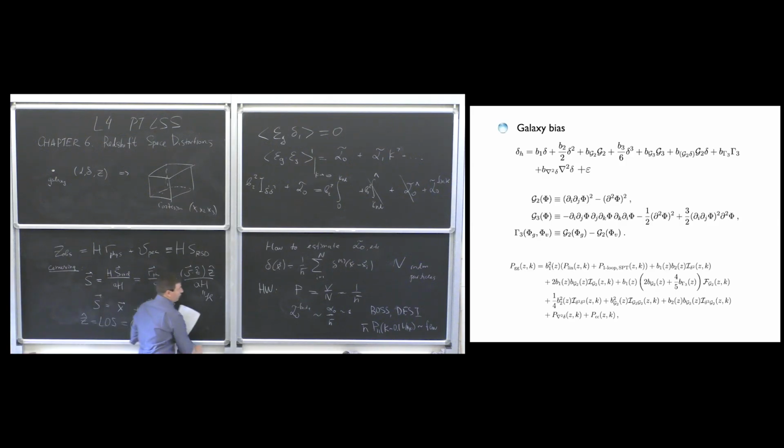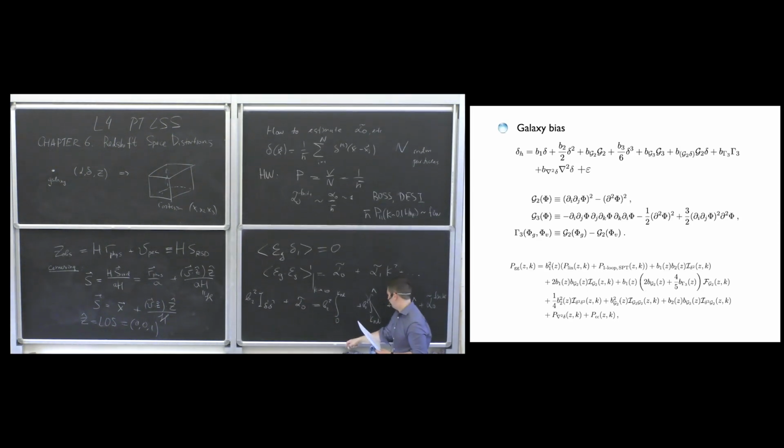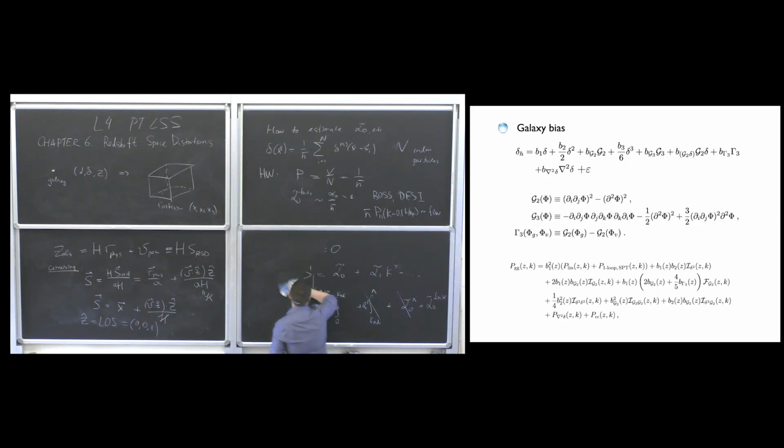Now, what does this mean for us? For us, this means that the galaxy distribution that we reconstruct using the redshift space coordinate will be a distorted map of the actual galaxies, where every single galaxy will be shifted by its velocity.